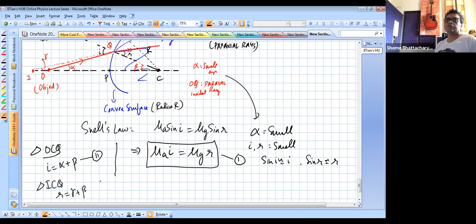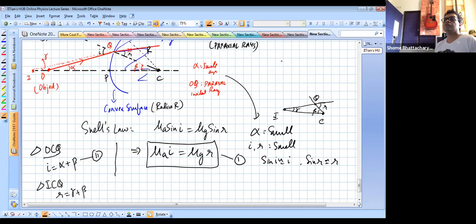Okay, people, is this clear? See, in that triangle, it's like this. This is C. And this angle only is R. That is the sum of gamma plus beta.